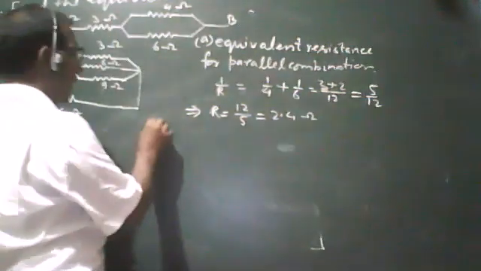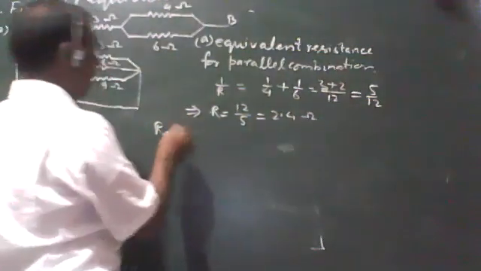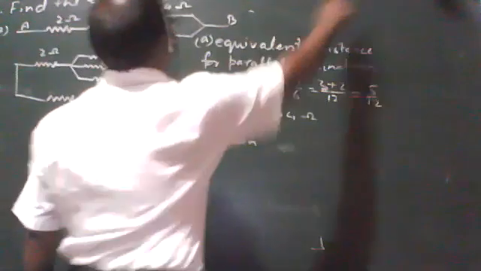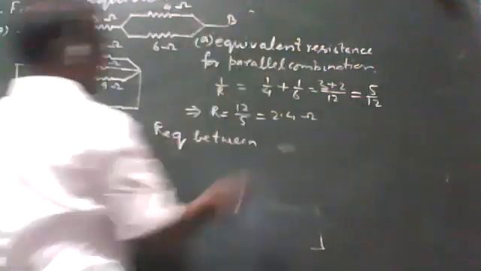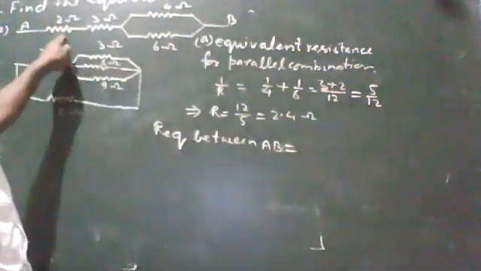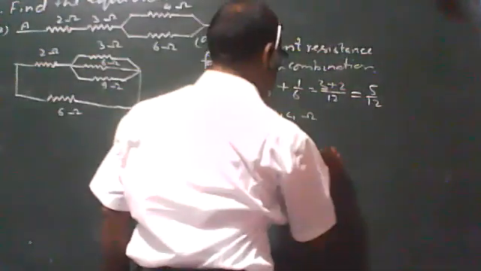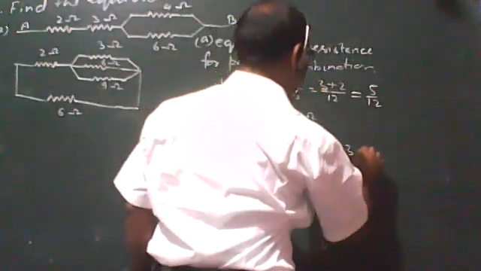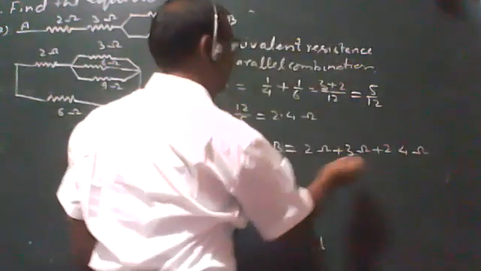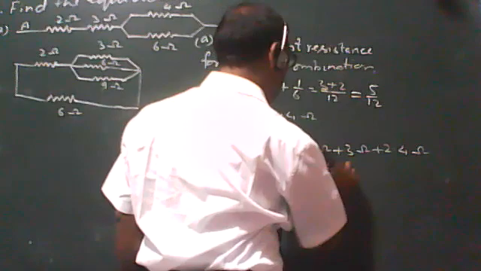So the equivalent resistance REQ between A and B is equal to 2 ohm plus 3 ohm plus 2.4 ohm, which is 7.4 ohm.